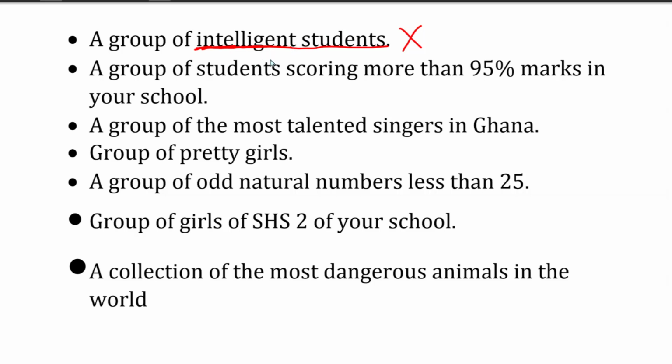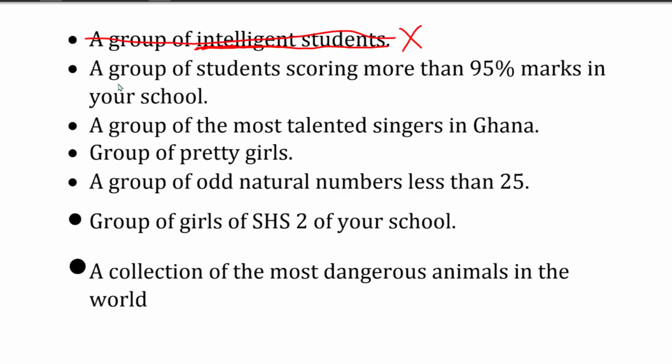Everyone will have his own definition of intelligent. A student that one person sees as intelligent will be different from what another person considers as an intelligent student. So this doesn't form a set.